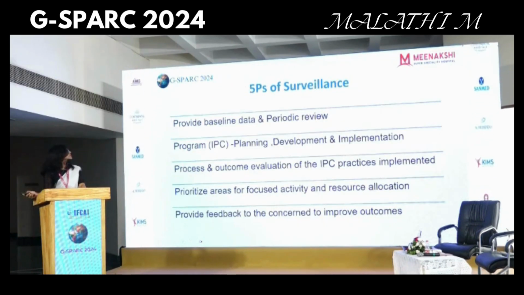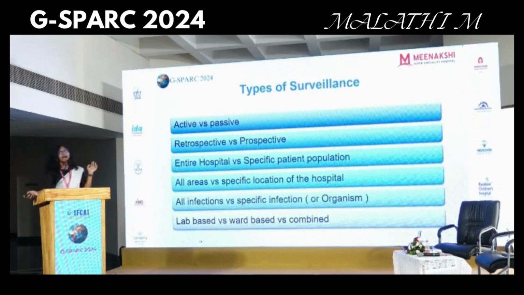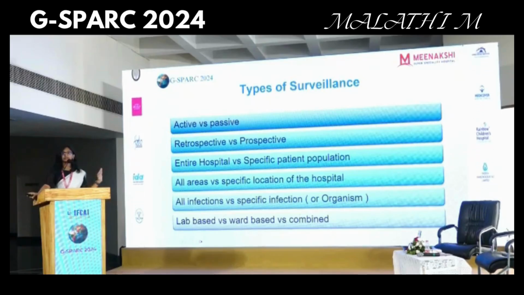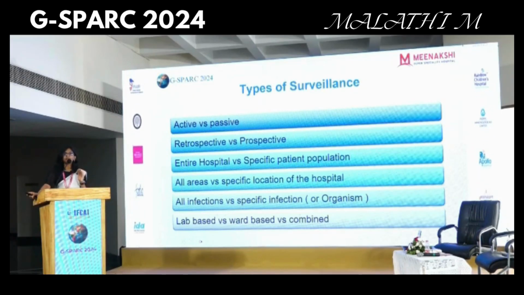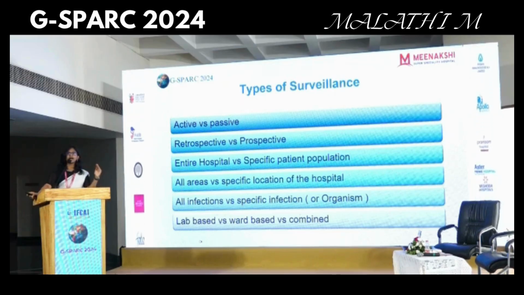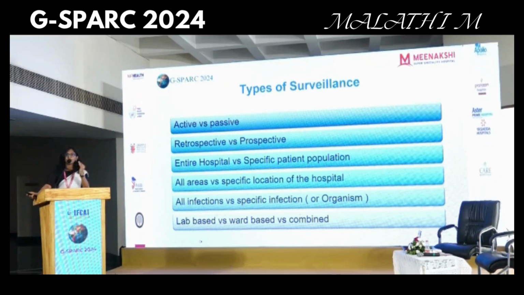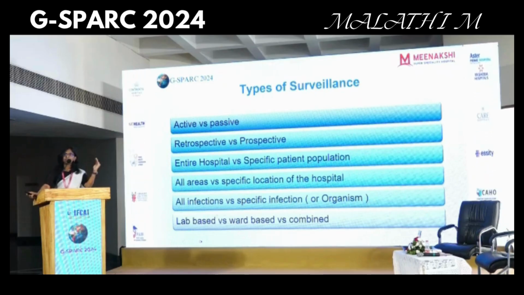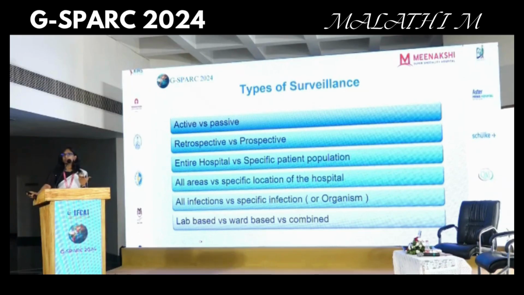So how to do this? Surveillance. There are different types of surveillance. One is active surveillance. This is the ideal method. Active surveillance is where every day the infection control nurse goes to the ICUs and collects the data prospectively. They collect all the clinical parameters, laboratory parameters. Most of the time in the Indian setup, it may be difficult to do active surveillance. In small, resource-limited setups, you can try passive surveillance.